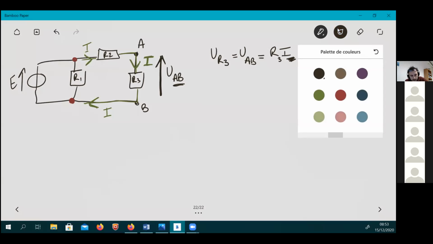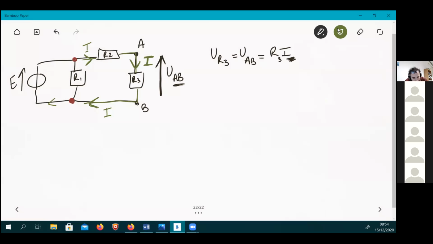So let's call this one, whatever you want, in the direction, again, you want. Let's say that this, I'm going to call it I1. And of course, you can say, okay, this is also I2. But you can simplify your life and already apply the node law here.